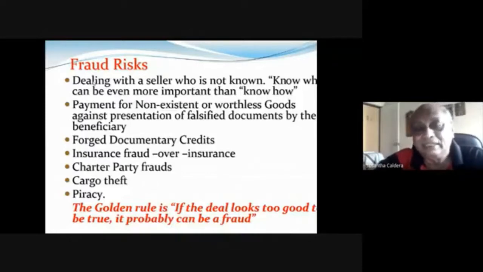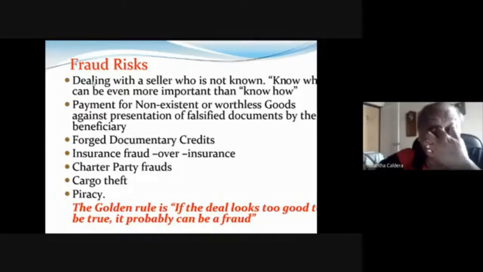There are certain instances where you get only the documents, but when you see the goods, they are worthless goods, but the documents are perfect. And that is why I started with the definition of LC: provided the documents comply with the terms and conditions of the LC, we will pay.